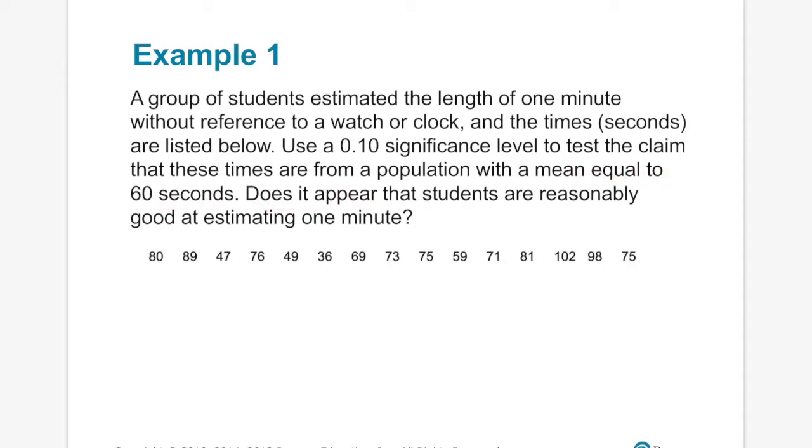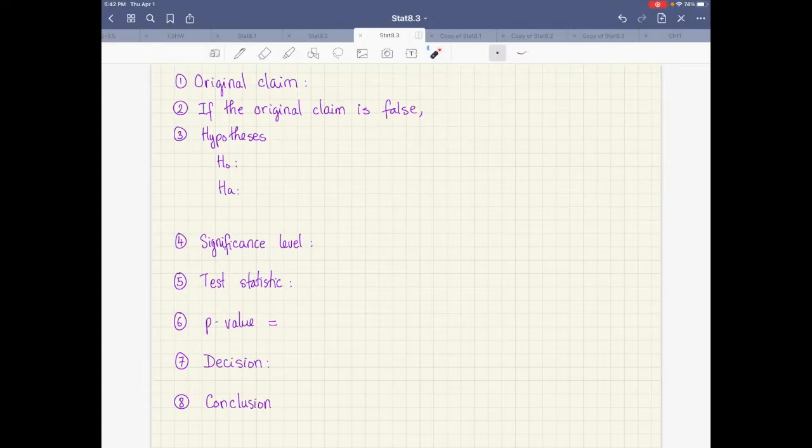Does it appear that students are reasonably good at estimating 1 minute? My original claim is mean equals 60 seconds. I am going to do the hypothesis test in order to test this claim. These are the 8 steps that I have to do in order to finish the hypothesis testing.